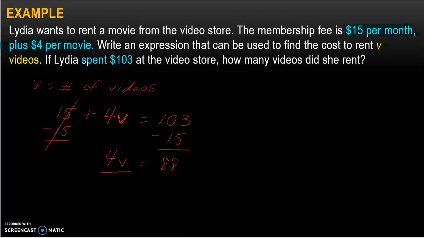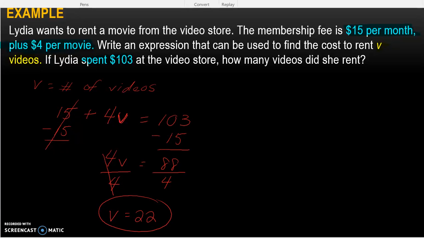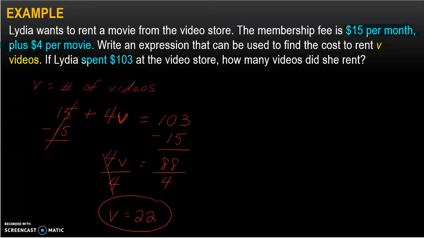I want to divide by 4 on both sides so that V equals 22. So what this tells me is that if Lydia spends $103 at the video store, she rented 22 videos. So a lot of videos. I probably should have thought about that before I wrote these numbers.